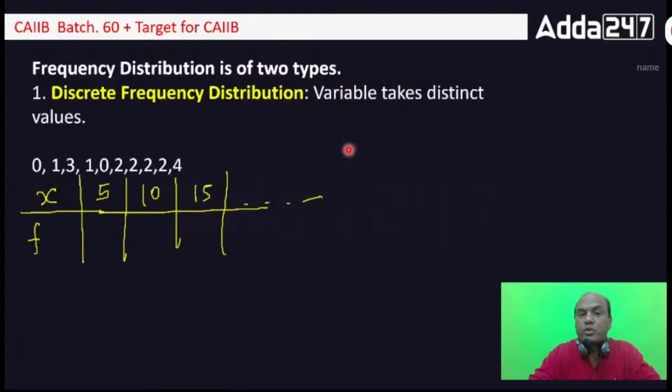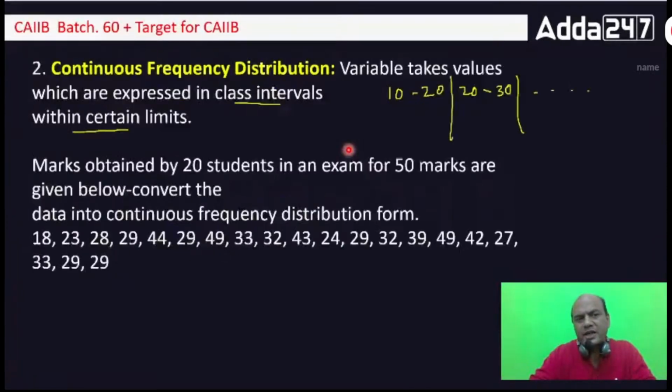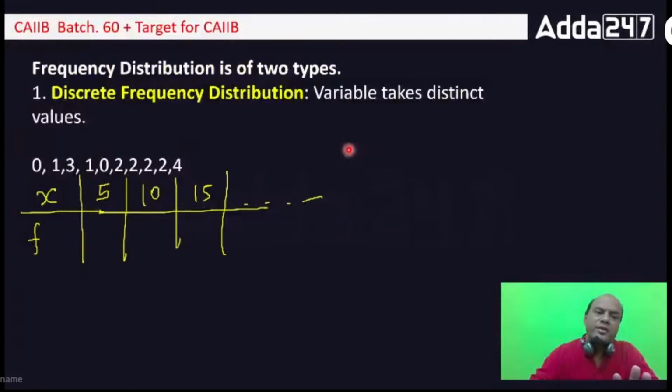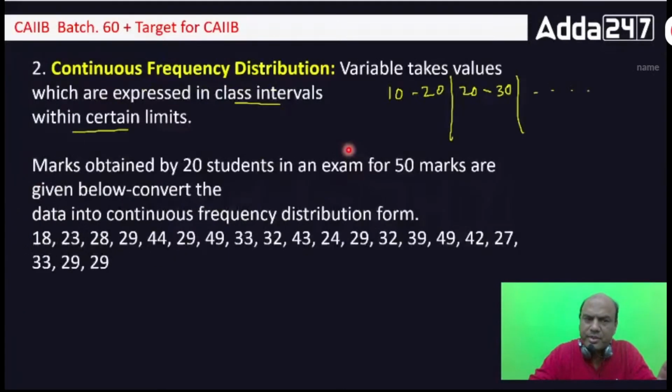Frequency distribution is of two types. Again, it's a repetition. Discrete frequency and continuous frequency. Discrete means what? Which can be counted on heads. 1, 2, 3, 4, 5, 6 heads. 1 mango, 2 mango, 10 mangoes. 1 apple, 10 apple.